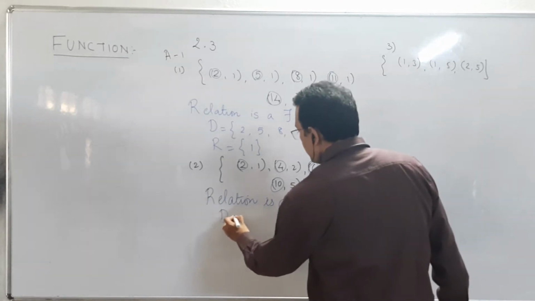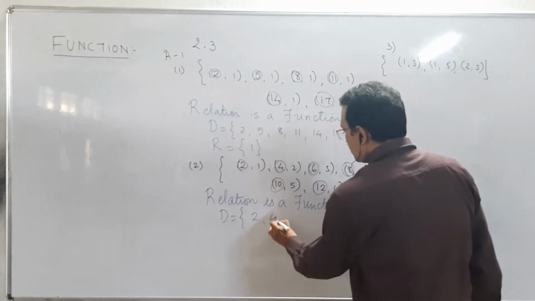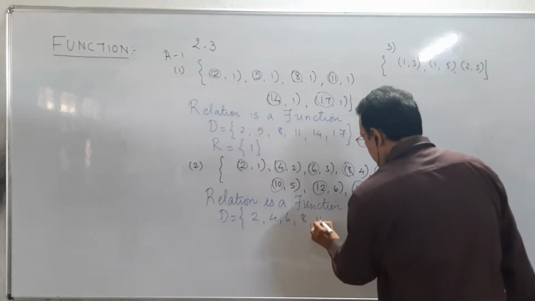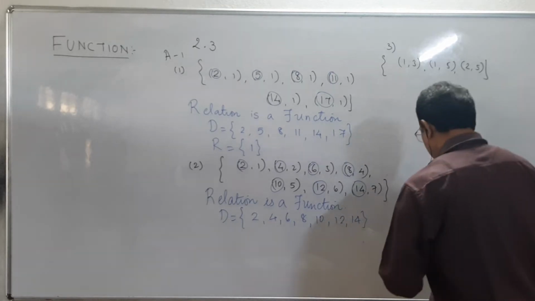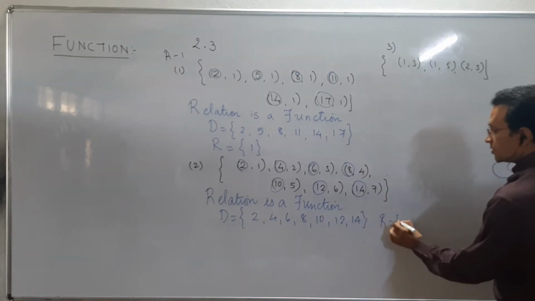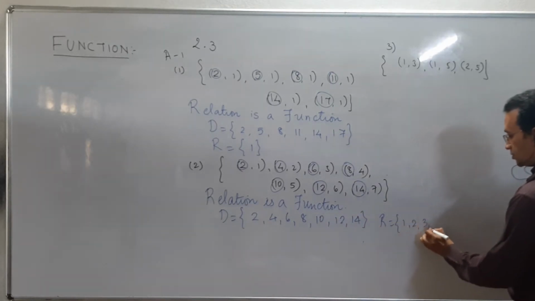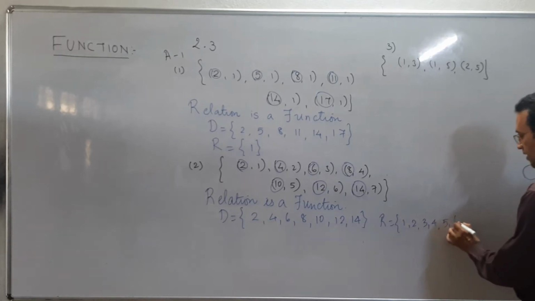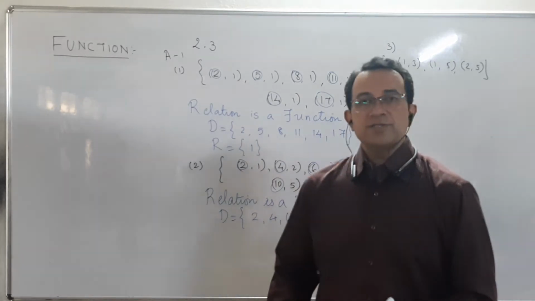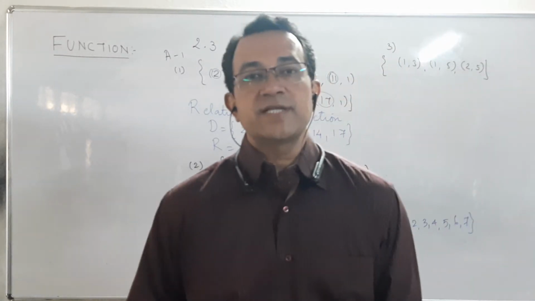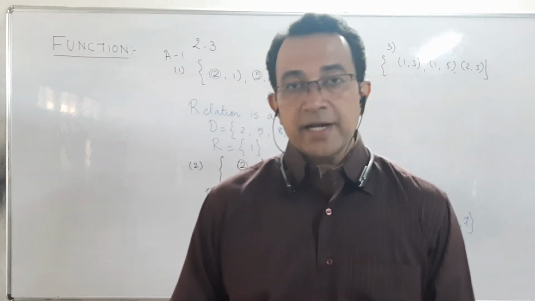And the domain is 2, 4, 6, 8, 10, 12, and 14. And the range is 1, 2, 3, 4, 5, 6, and 7. Range is always the set of images or the set of second elements in the ordered pairs.